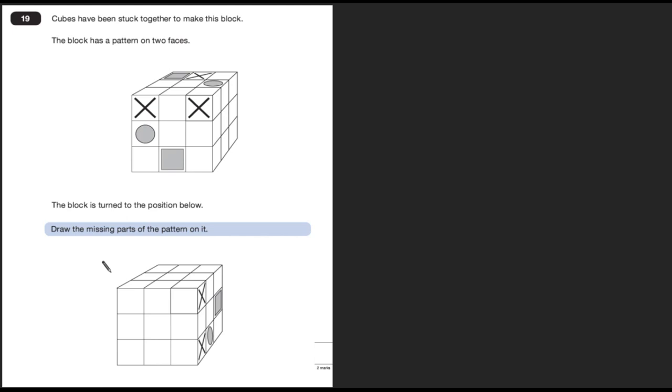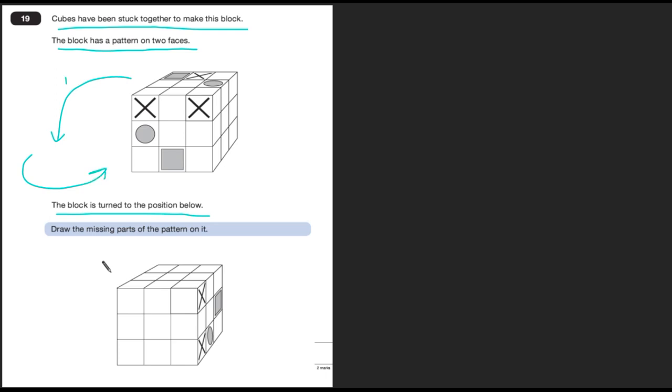Question number 19. This is a tricky 3D question. Cubes have been stuck together to make this block. The block has a pattern on 2 faces and the block is turned to the position below. So if you carefully see, this has been rotated like that and again rotated this way.